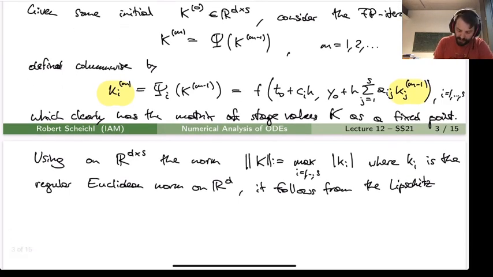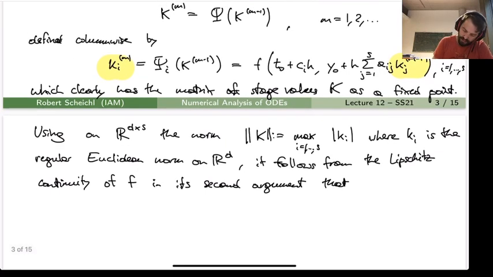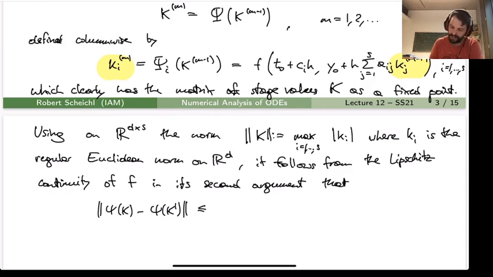It follows from the Lipschitz continuity of f that we've assumed in its second argument that psi of k minus psi of k primed is less than or equal to, so we can now use the Lipschitz argument column-wise, because we're looking at the maximum over all the column norms, so we can just look at the individual norms.